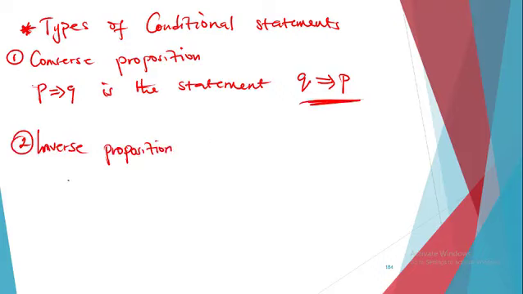The inverse proposition of P implying Q is the statement negation of P implies negation of Q.